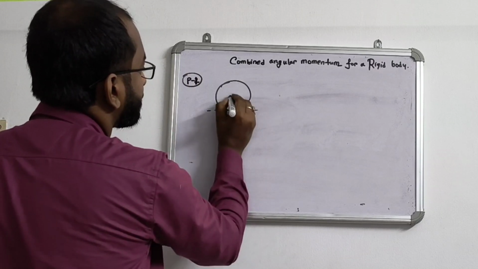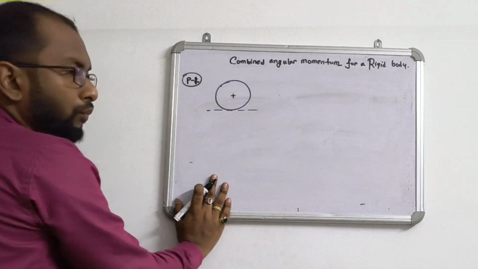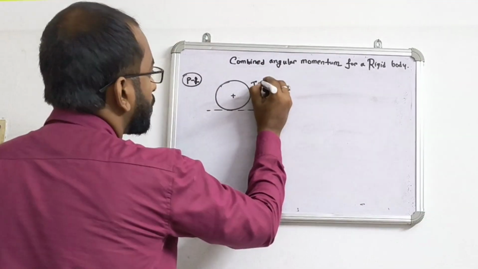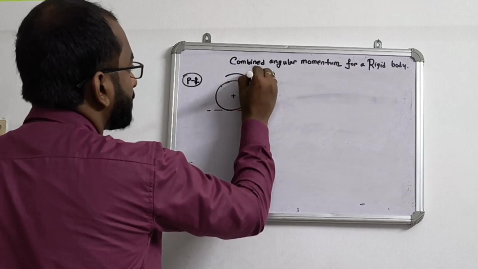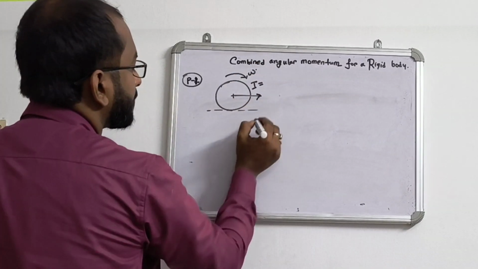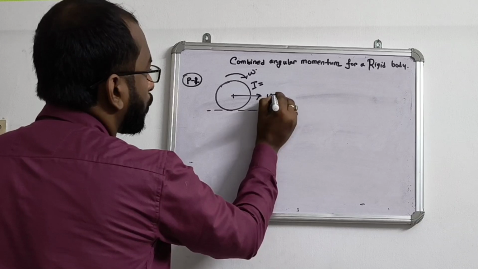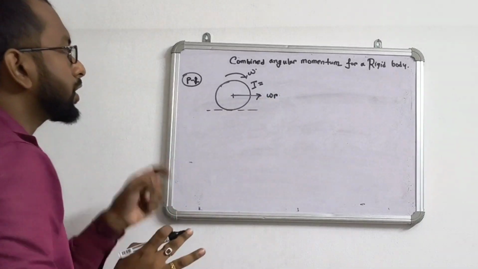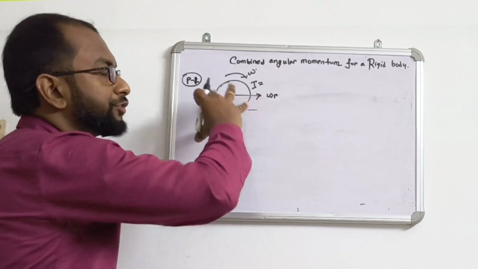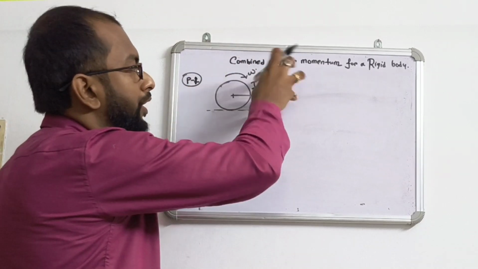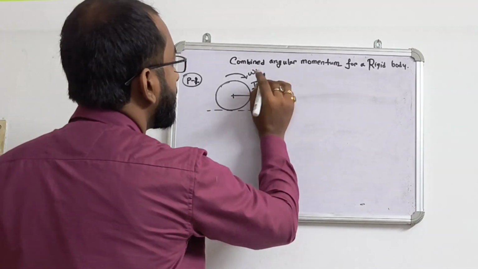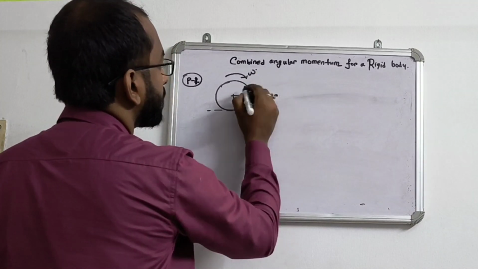Now let's say one sphere is rotating with angular velocity omega and with a linear velocity of omega r. So this is a combined motion because it is rotating as well as moving forward, just like a cricket ball or a football rotating and moving.